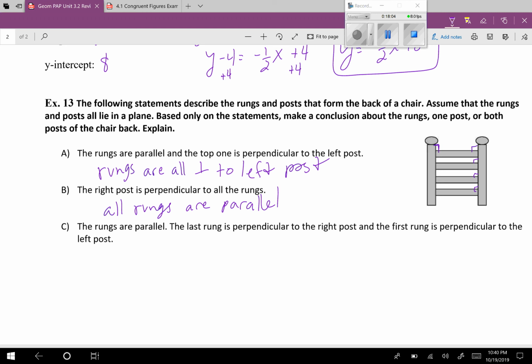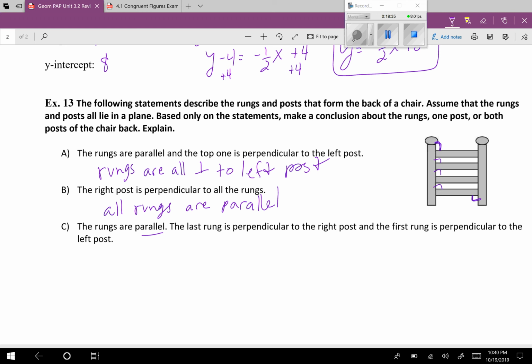And then the last part here, it says the rungs are parallel, and it says the last rung is perpendicular to the right post, and then the first rung is perpendicular to the left post. So now we have to consider this. They say all of our rungs are parallel. And remember, if we know that the lines are parallel and we have another line that's perpendicular to at least one of them, then it's perpendicular to all of them.